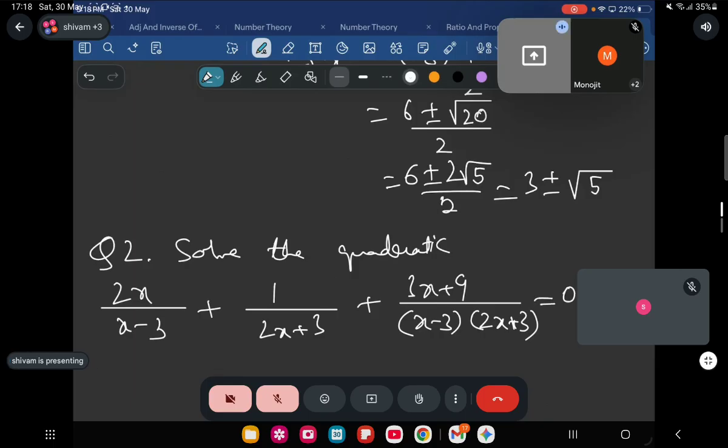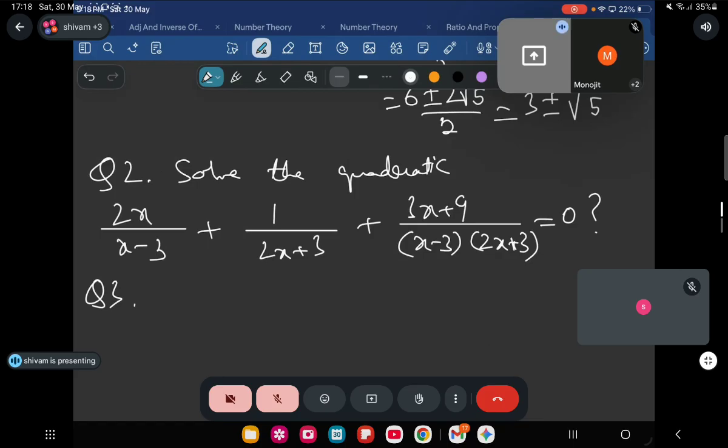Question number 3. Solve this one quickly, then we'll discuss some more.